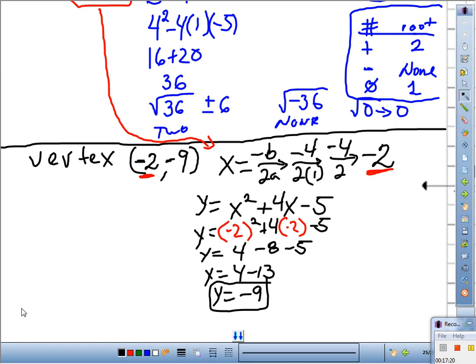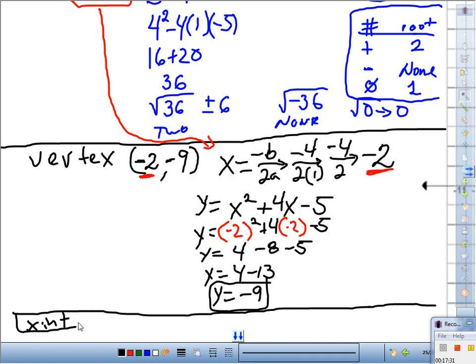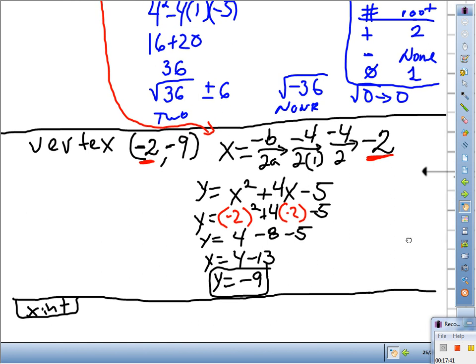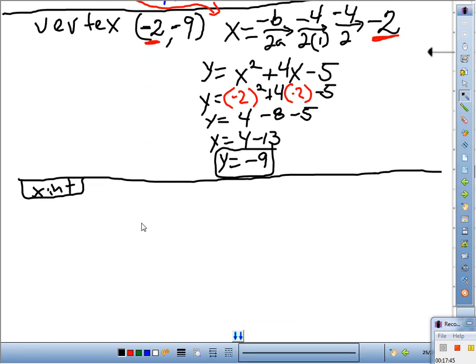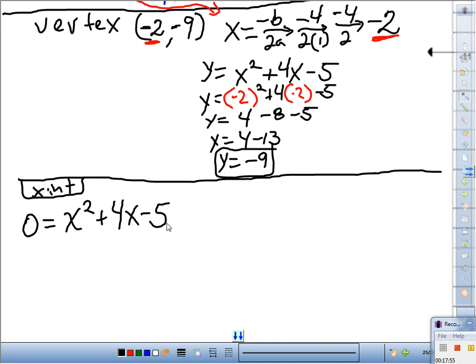So that means you draw a line across here, and you're going to write x-intercepts. We need to find those. Or in other words, we're going to solve the equation. So I'm going to scroll up a little bit more. And what equation do I write here? 0 equals what? x squared plus 4x minus 5.